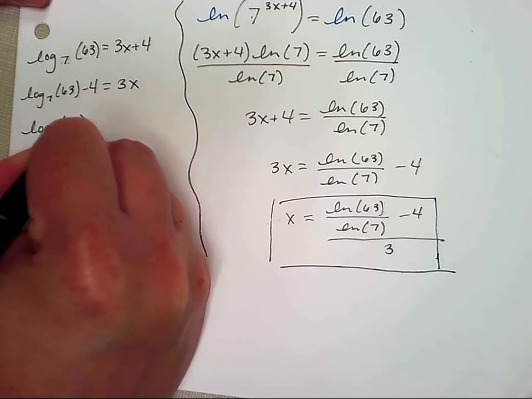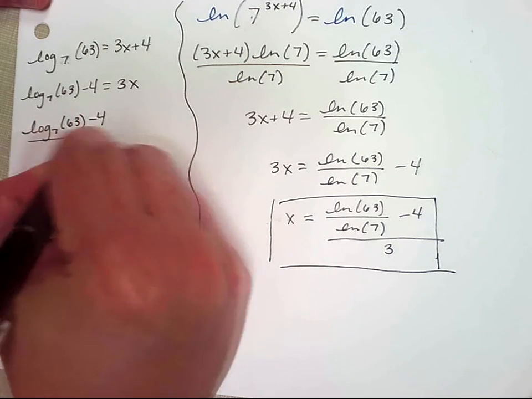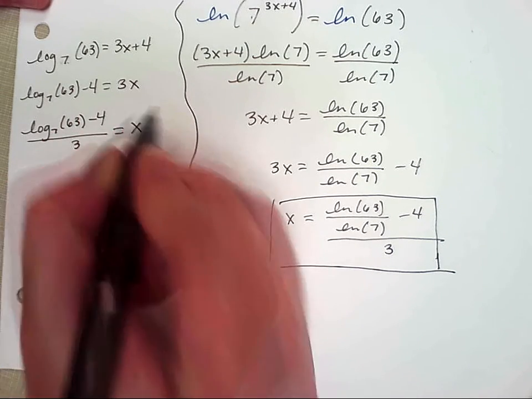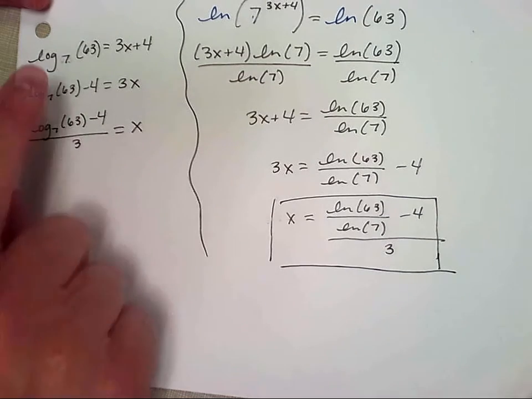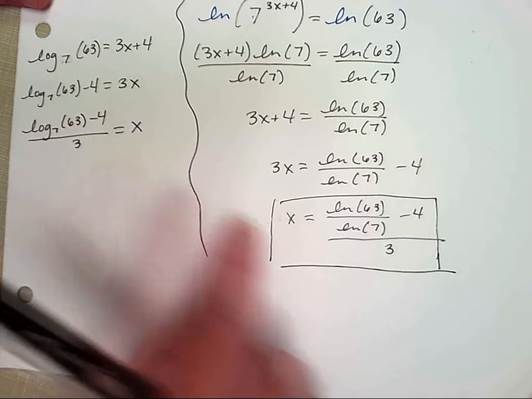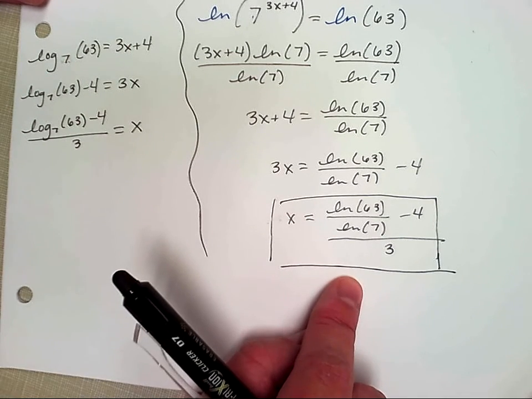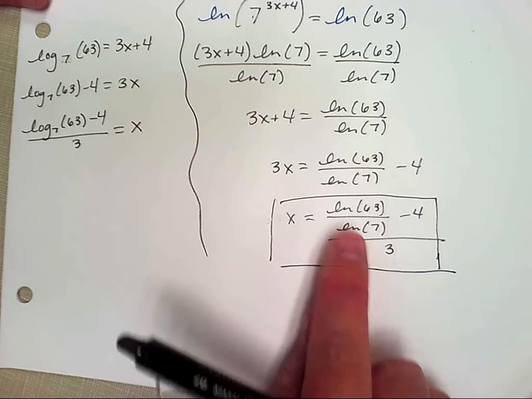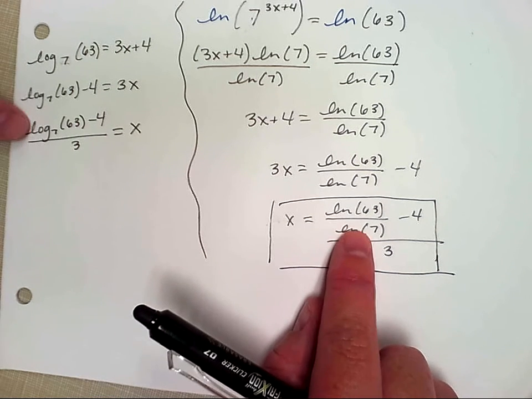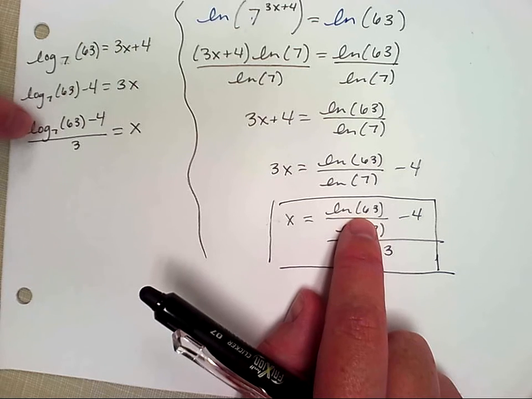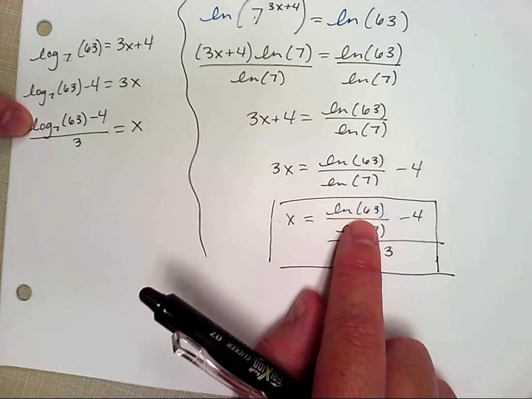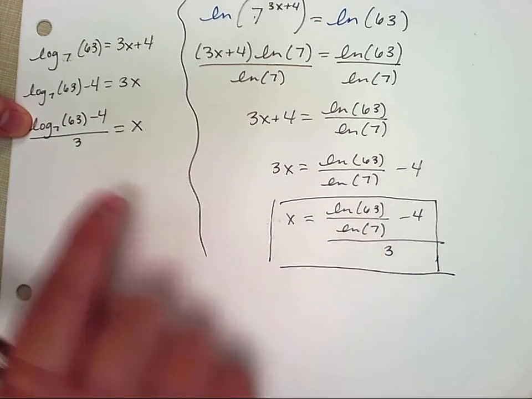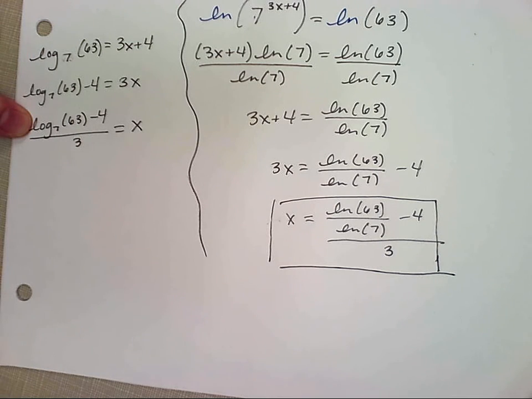I'm going to write it like this just for a second. So Anne's saying that these two are the same. Why are these two the same? Because of the change of base. This fraction right here is the same as this right here. So you get the same answer. So that's another way to do it, right?